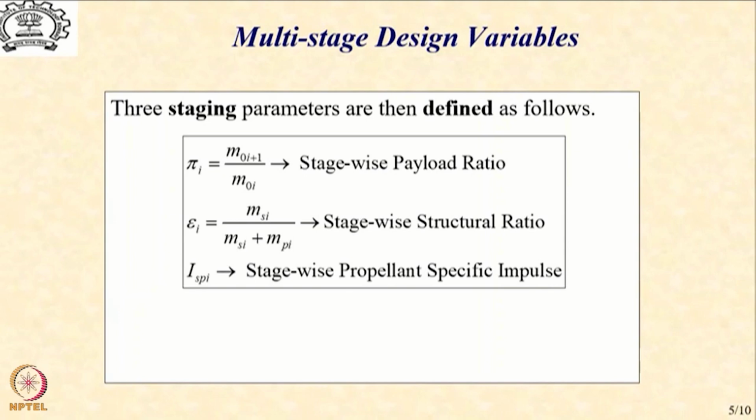You may immediately connect this with the basic definition of the payload ratio that we have already used for the mission, which is defined as M star by M0.